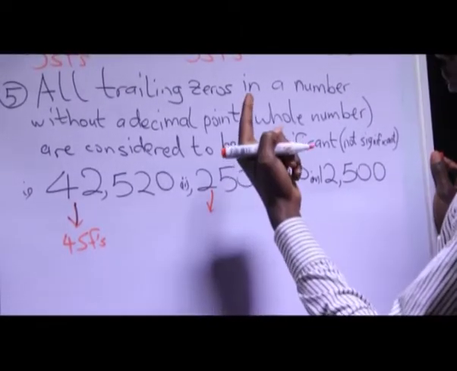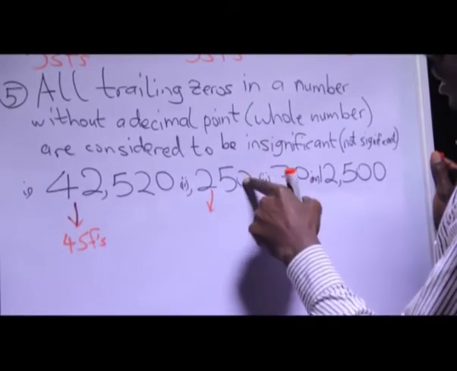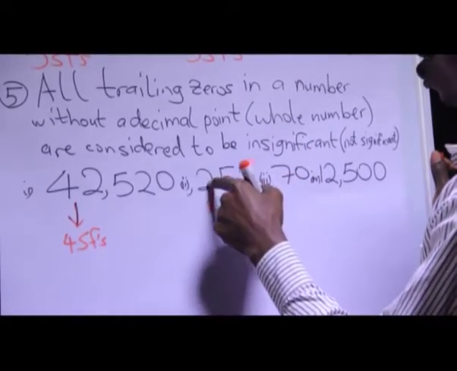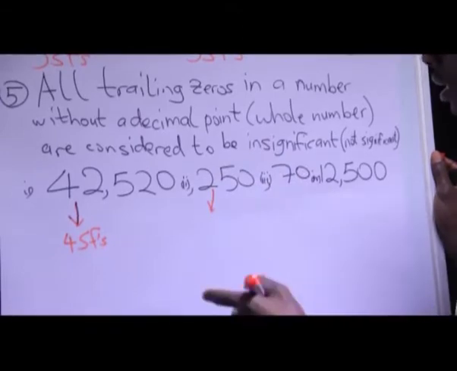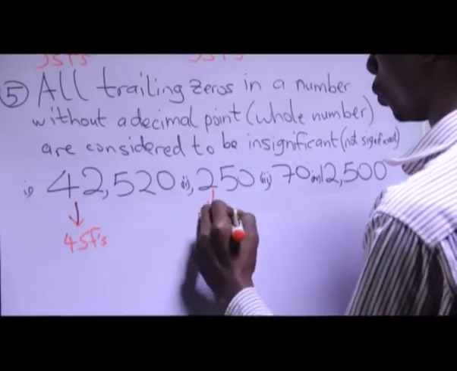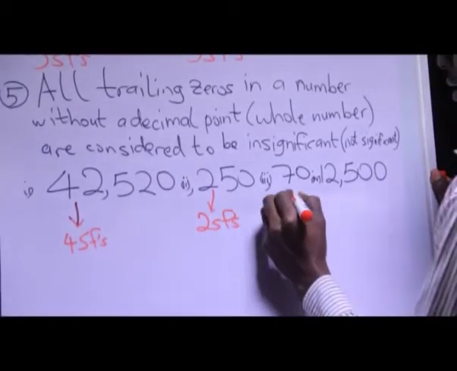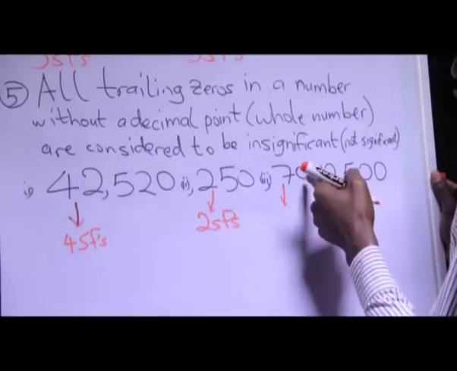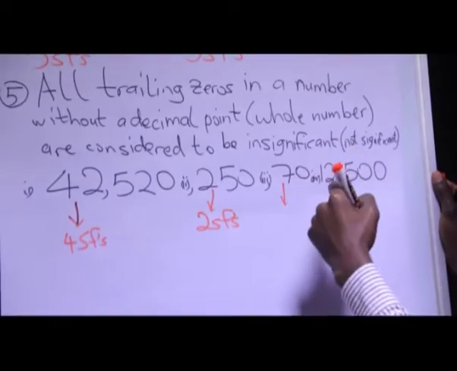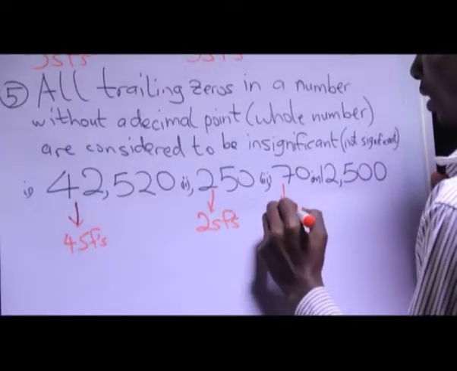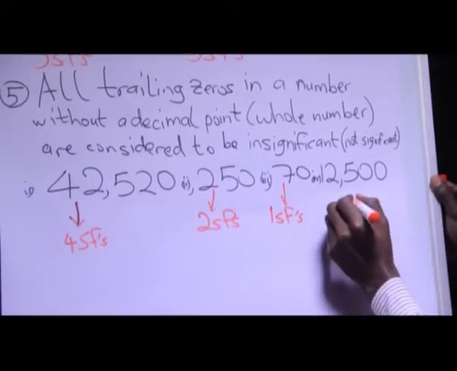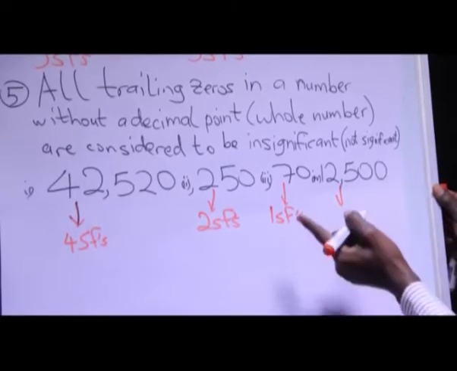I come to Roman 2. I look at the 0 here. This 0 is not significant, so I have only 2 and 5. Those are the only significant figures. So I have only 2 significant figures in this case. Roman 3, 70. The 0, since it is at the end, is not significant. So I have only 1 significant figure, which is 7. Then lastly, 12,500.